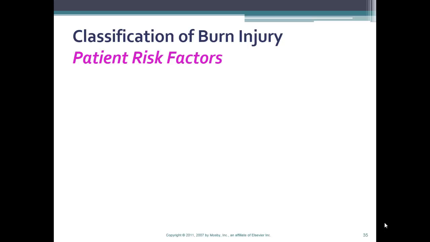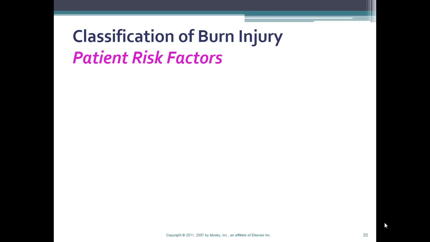So some of those patient risk factors, I talked about patient risk factors being included in how badly patients were burnt. Older adults and infants heal more slowly than younger adults. A lot of older adults have pre-existing conditions like diabetes, so they're going to have poor healing.